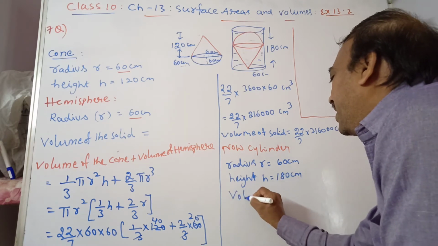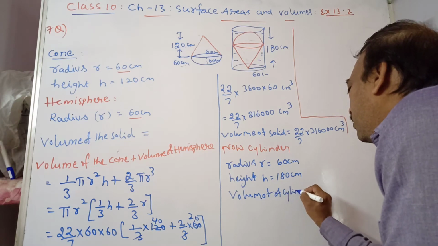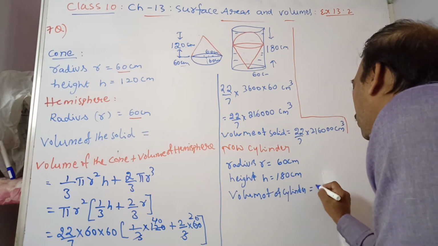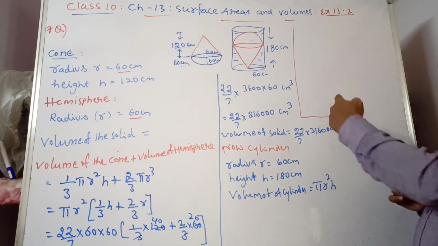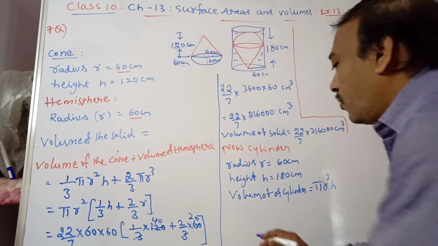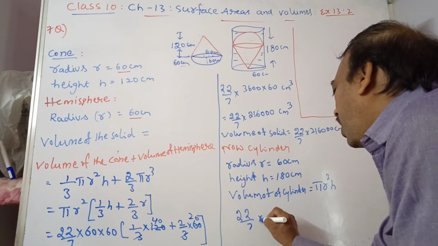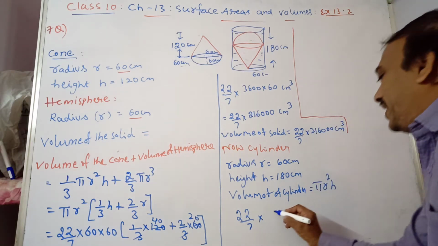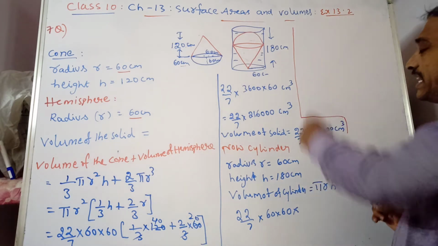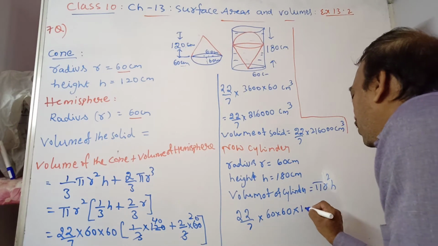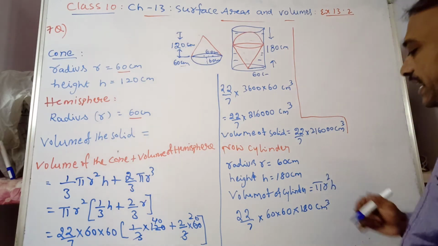Volume of the cylinder is equal to pi r square H. Now volume is equal to 22 by 7 into r square, radius is 60 into 60, into the height 180 centimeter cube.